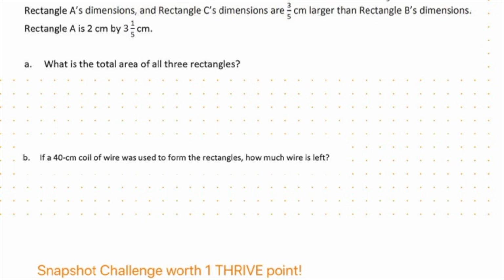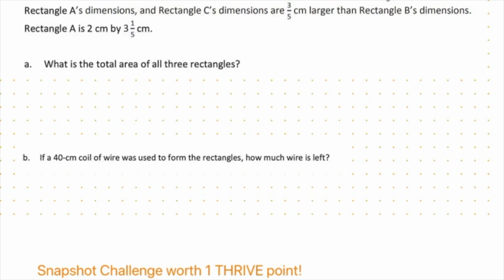This question, it is incredibly important to take notes, to write down the information. Okay, let's start again from the beginning of the question. It says, some wire is used to make 3 rectangles, A, B, and C.